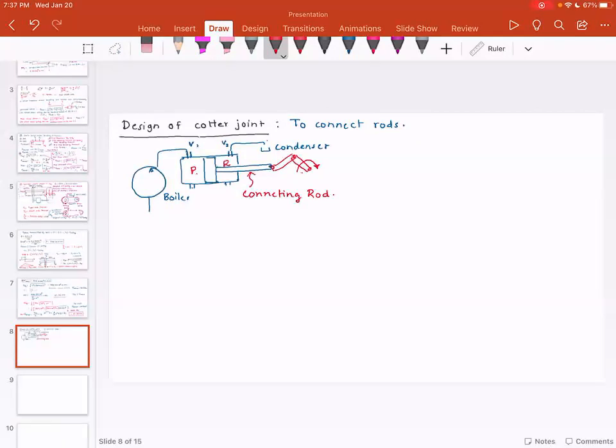This is called the crank. So the purpose of this mechanism is to convert the reciprocating motion of the piston into the rotary motion of the crank. So reciprocating motion of piston is converted to rotary motion.